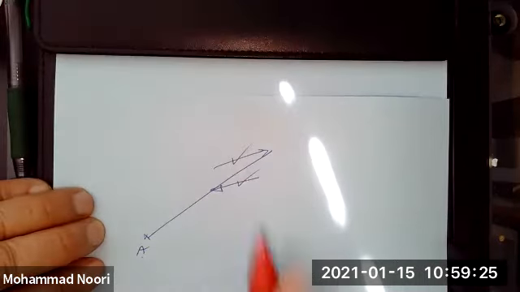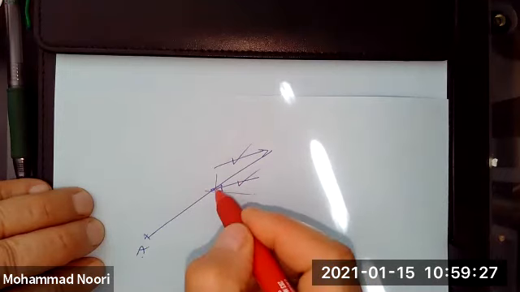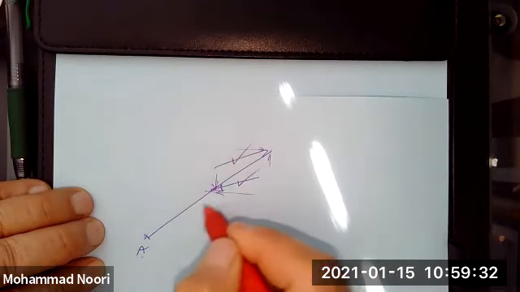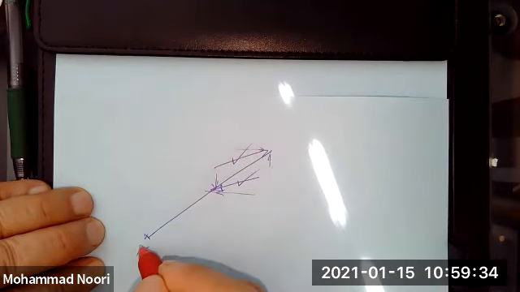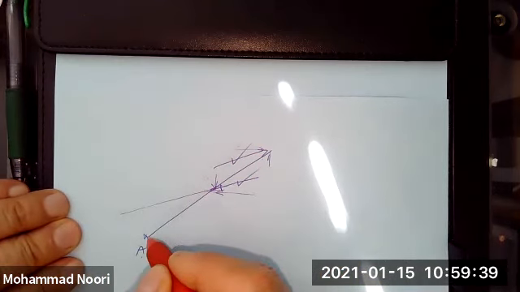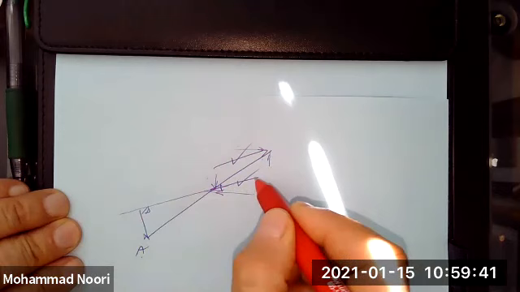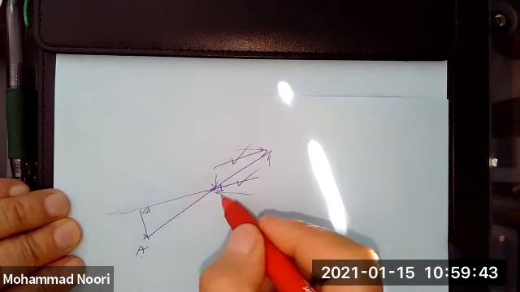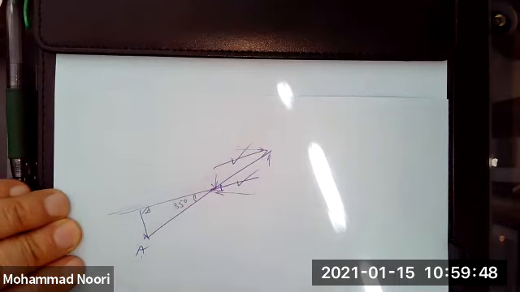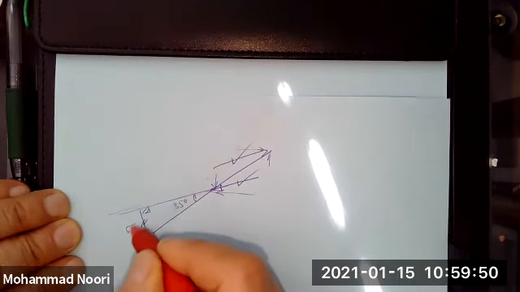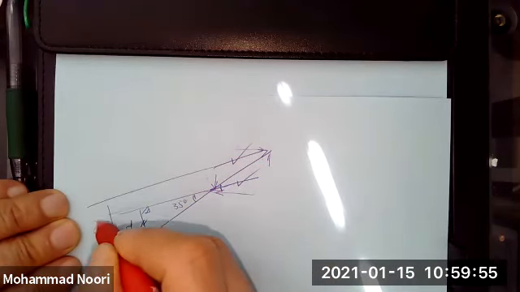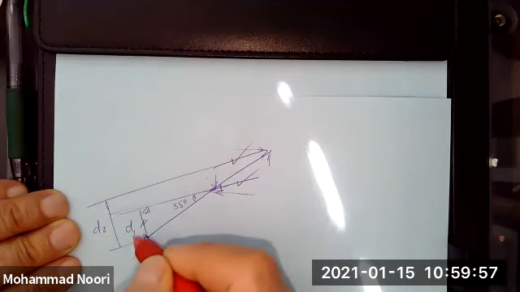Of course, the choices that you have: first you resolve these into their components and find the moment of each one of these forces about A, or try to simply find the vertical distance from A to this one, which you can, because you do have this angle again. This angle is that 35 degrees. So you can find this D1. And for this one would be this distance, which is D2.